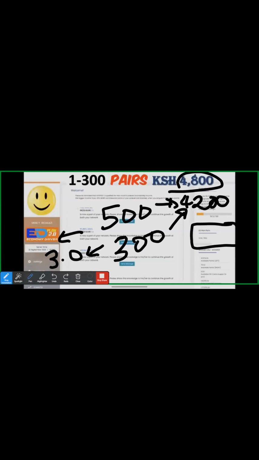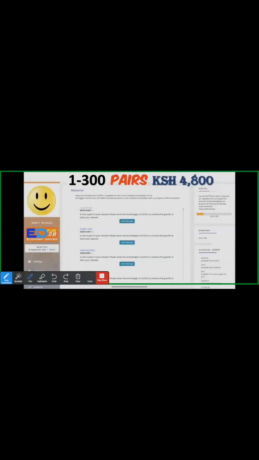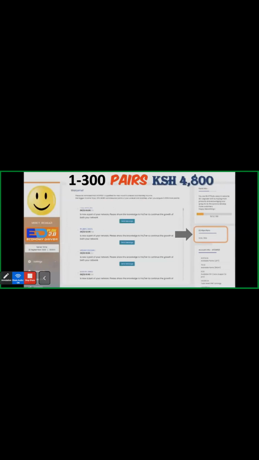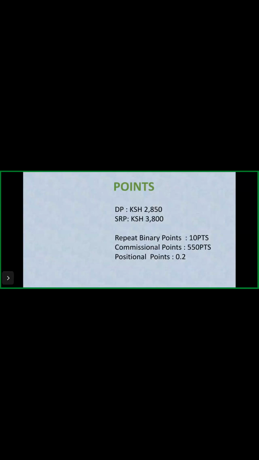So that's why they haven't changed this here, it should be out of 300. But even if it is there, it is no problem, you can still check on your progress. And then everything that you need to know about your account is down here in account info. We'll talk about it when you go to DTC training. This is not the time for DTC training. That is what I was sharing with you.